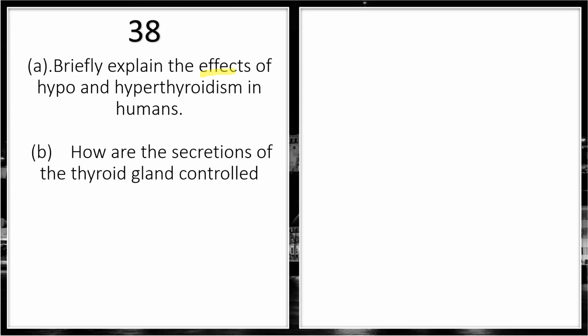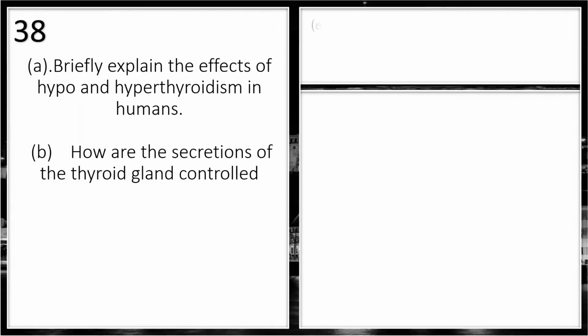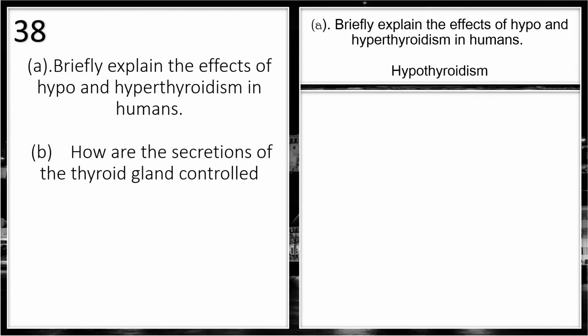Briefly explain the effects of hypo and hyperthyroidism in humans. Part B. How are the secretions of the thyroid gland controlled? Briefly explain the effect of hypo and hyperthyroidism in humans.